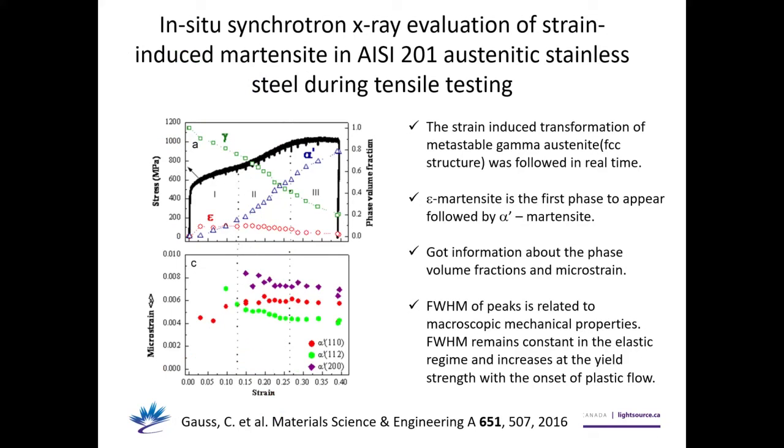And well, with this study, they are able to follow the strain-induced transformation of the gamma austenite in real time. They see the epsilon martensite forming, and then the alpha prime martensite, and they get information about the phase volume fractions, the microstrain, which is relevant for developing better alloys.